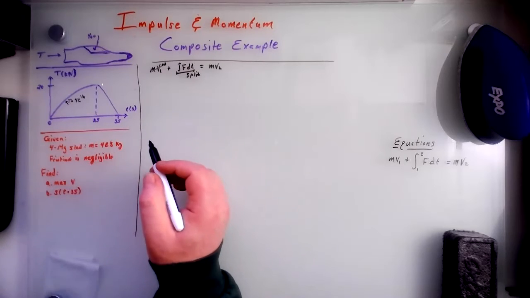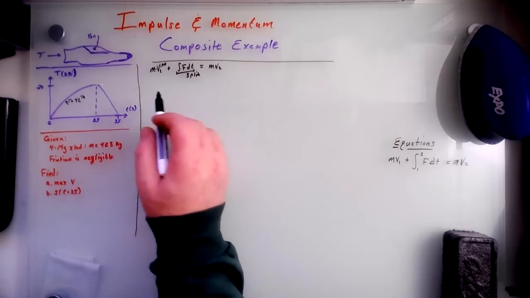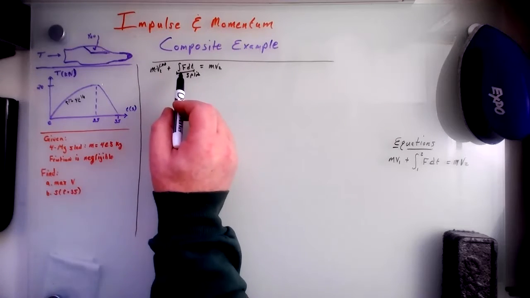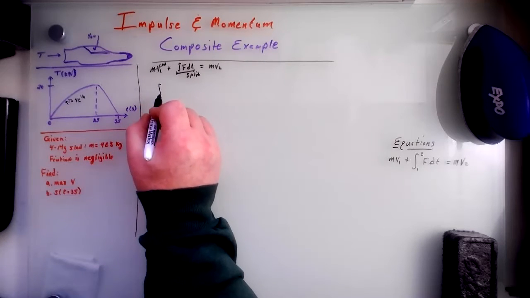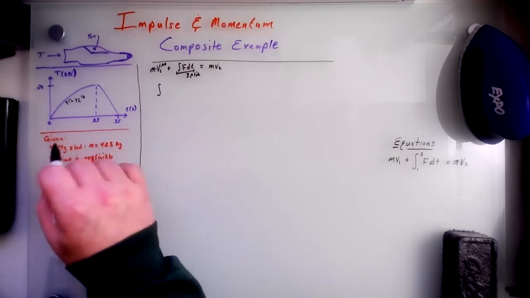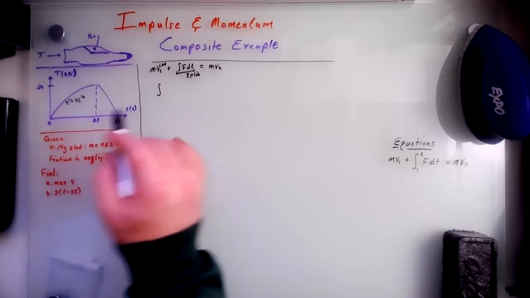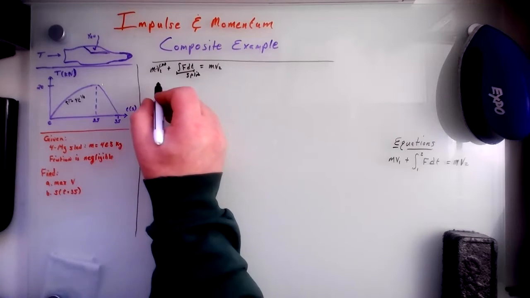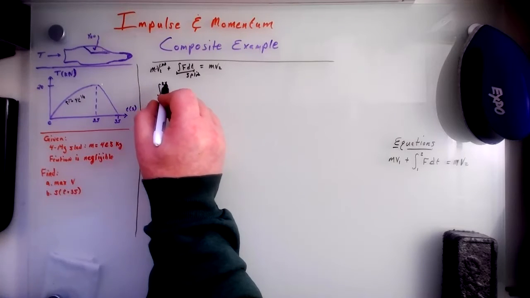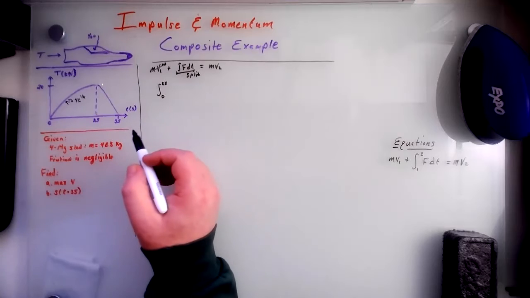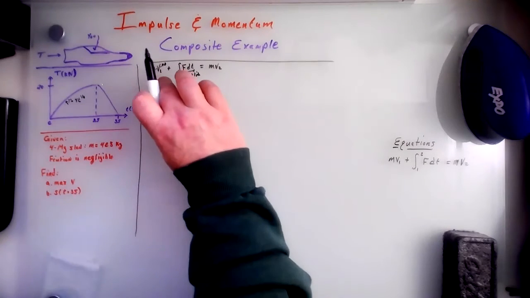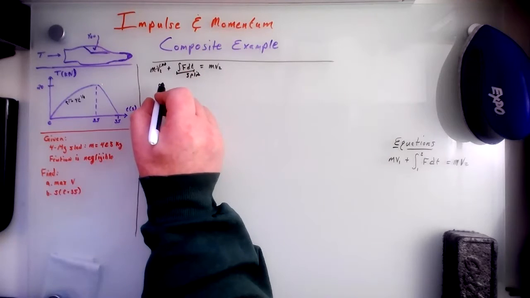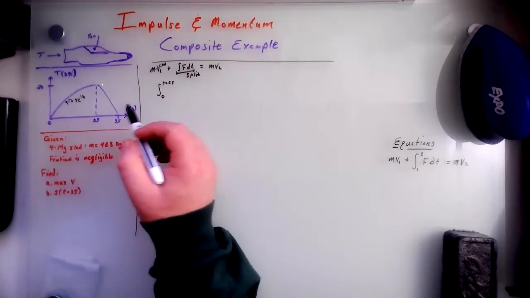So if we do that, what do we have? We're going to have two integrals and add them together. The first goes from 0 to 25 seconds, so t equals 25.